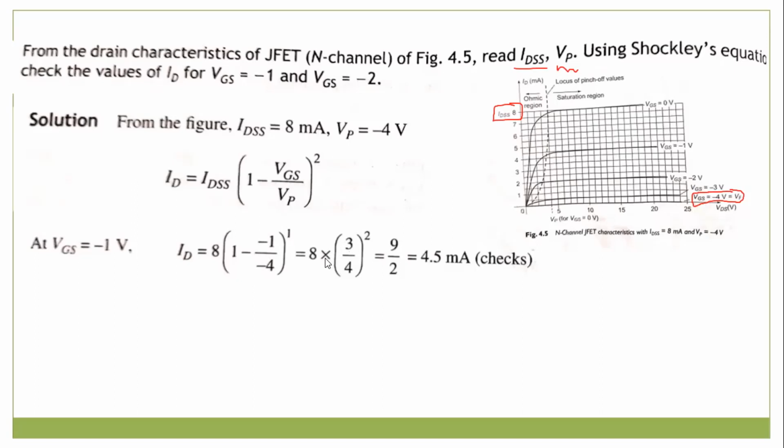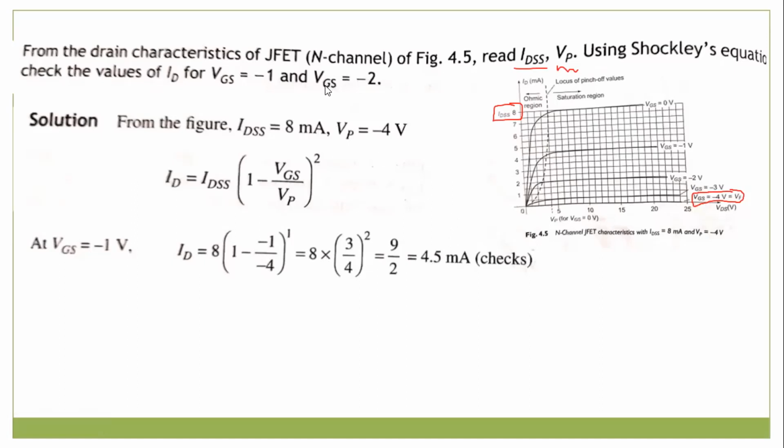So we have 8 multiplied by (3 by 4) whole square. If I simplify, I'll get 9 by 2, which is nothing but 4.5 milliamps. It indicates that at VGS equal to minus 1, the drain current of the JFET is 4.5 milliamps.